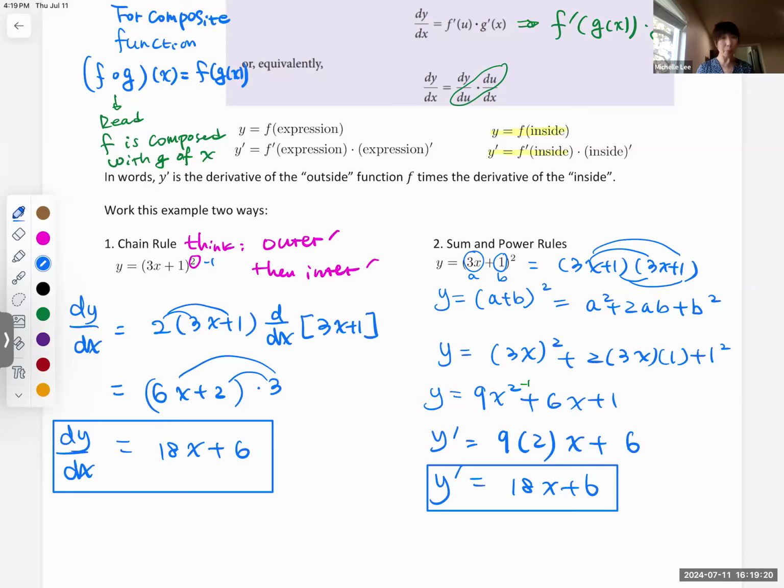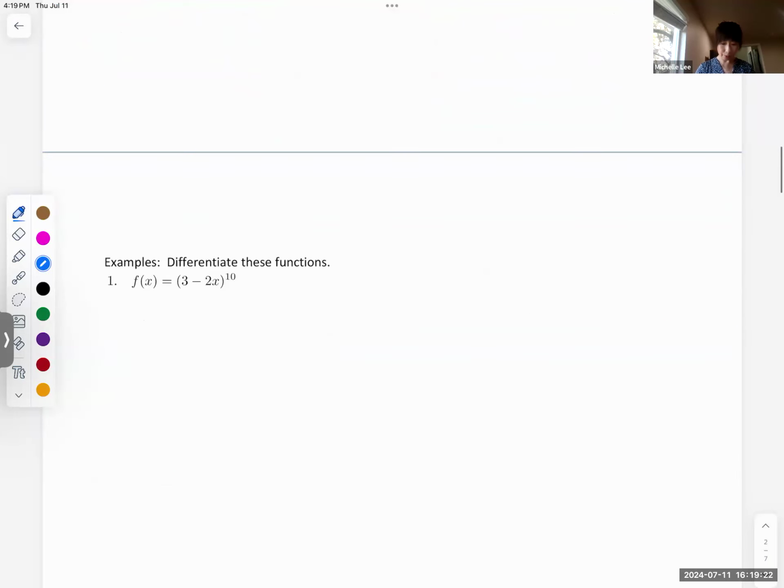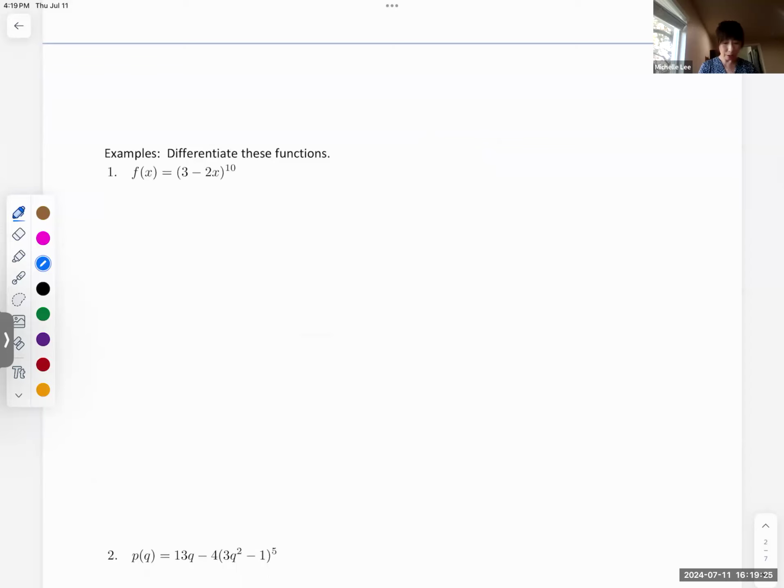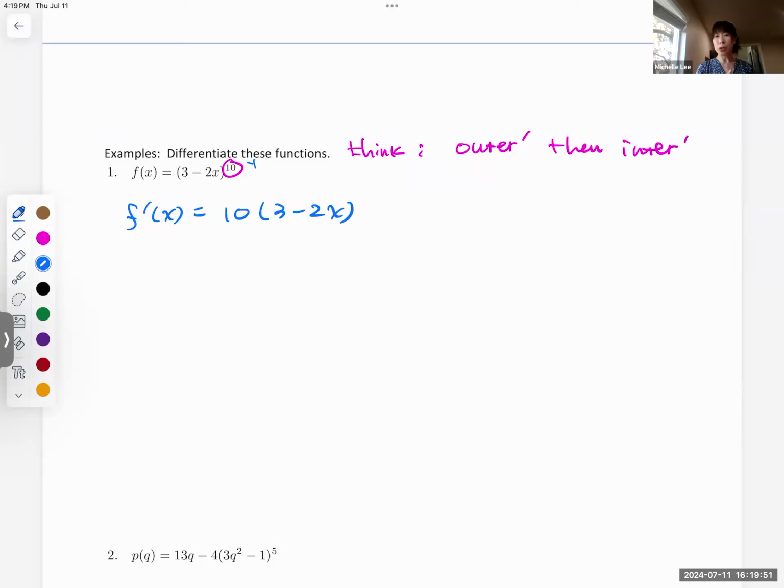Okay, now let's practice more. Derivative of the outer, then inner, derivative of the inner. Outer: we said f prime of x equals 10 times 3 minus 2x, and then reduce by 1 for the power. And then inner. We cannot multiply this one, right?